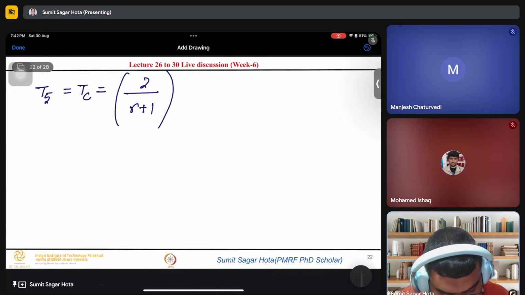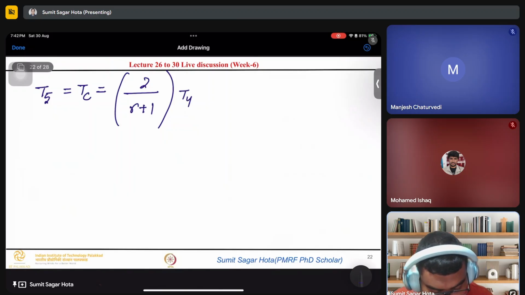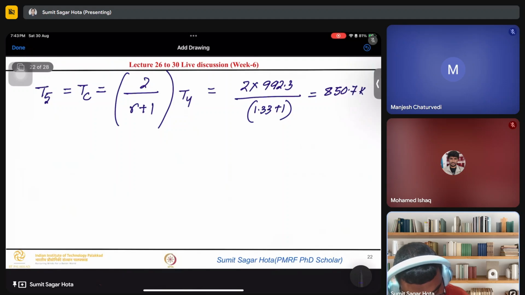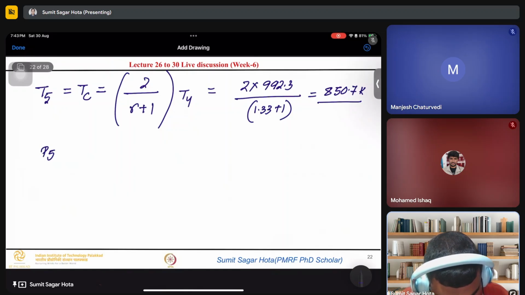This is the relation for the nozzle, this formula we have to use. T4 we already know, 992.3, by gamma plus 1, 1.33 plus 1. Solve it and you will get T5 as 850.7 Kelvin.